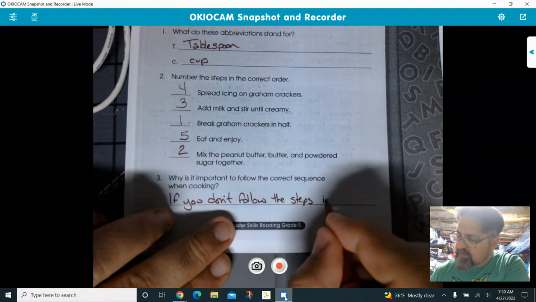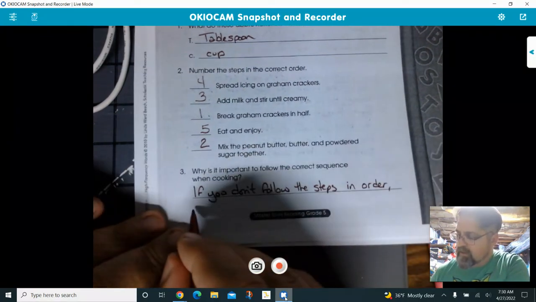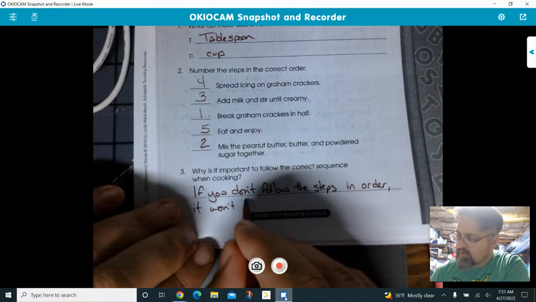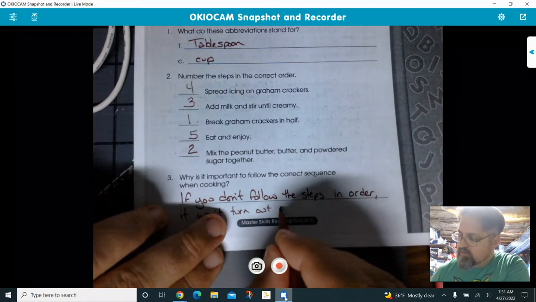If you don't follow the steps in order, it won't turn out right.